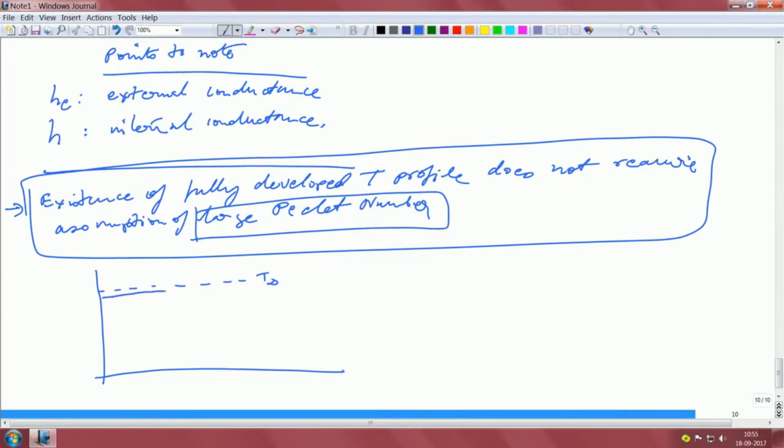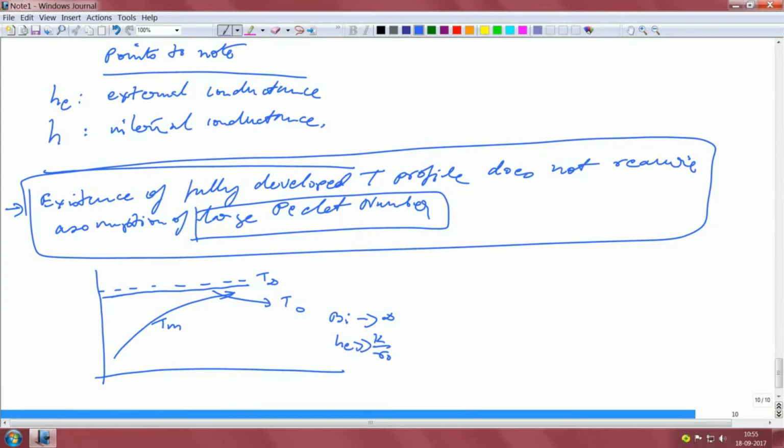This is almost like what your T wall looks like, and your T mean kind of curls up in this particular way. This is when the Biot number approaches infinity, or in other words h_e is much greater than k over R naught. That means the external conductance is very high.